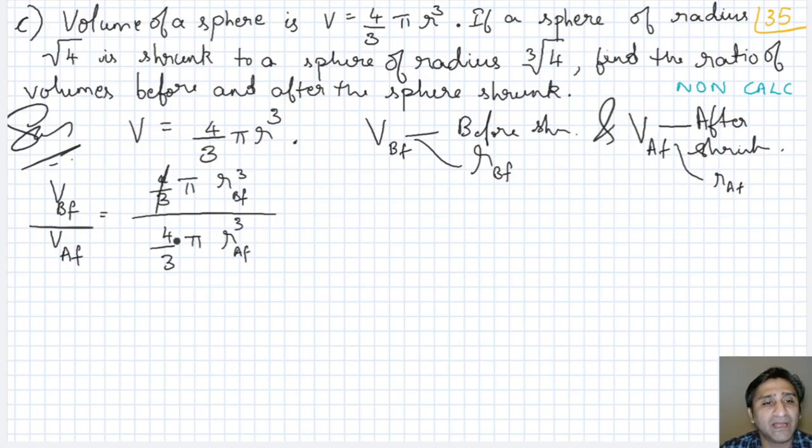So this entire thing goes away, and you're just left with R_BF whole cube divided by R_AF whole cube.